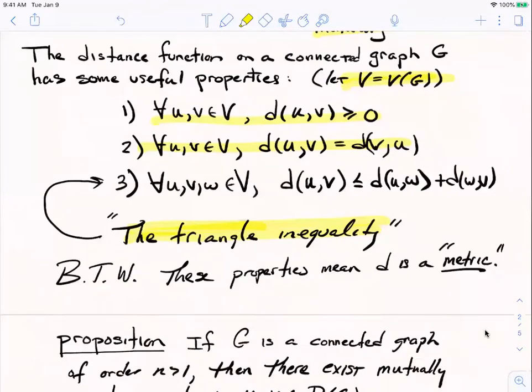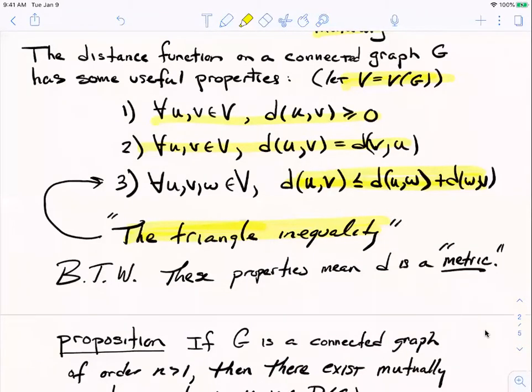If you're thinking about distance in the Euclidean plane, for example, this property is not alarming or surprising at all. It says that the distance between two points is never any more than the sum of the distance between the first point and a third, and the third and the second.